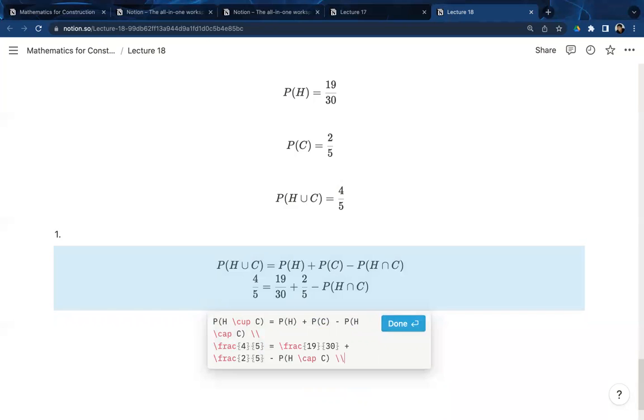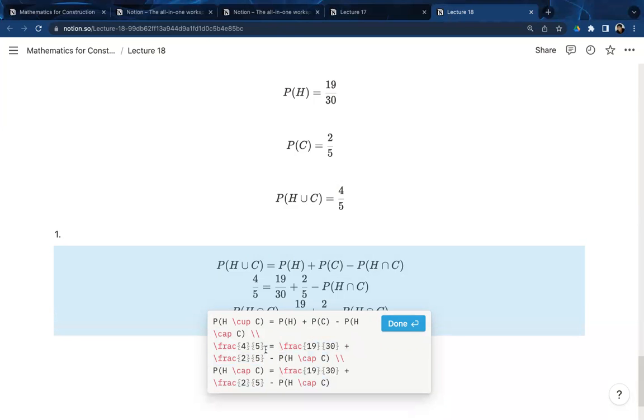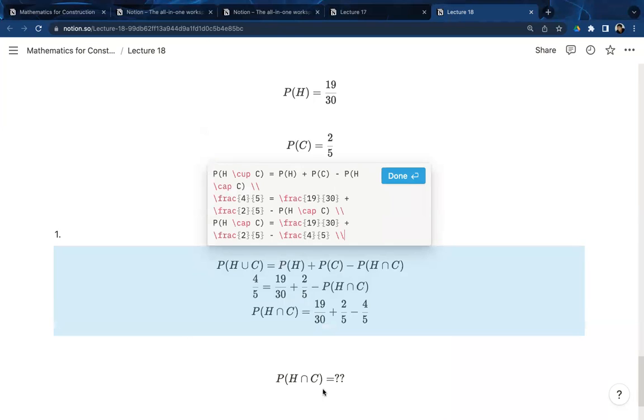So you can change the subject to the intersection. The intersection is this sum here minus that 4/5.